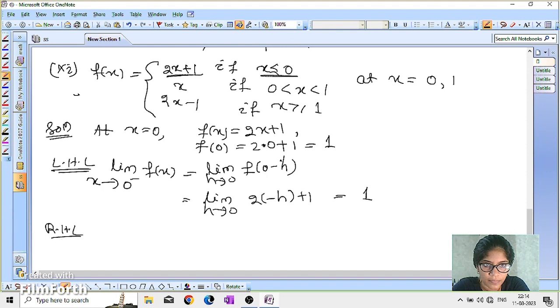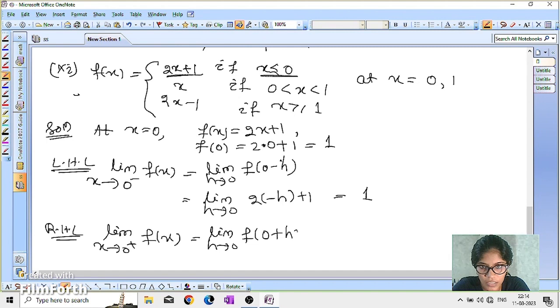Right hand limit, x tends to 0 plus f of x, is equal to limit h tends to 0 f of 0 plus h, that means greater than 0.